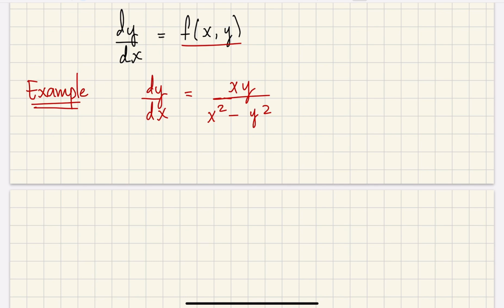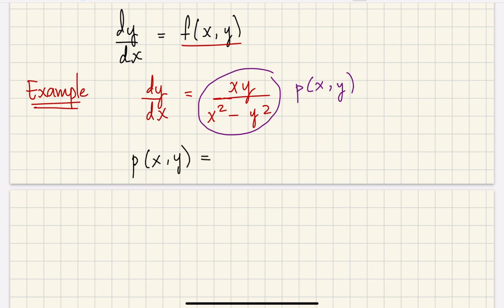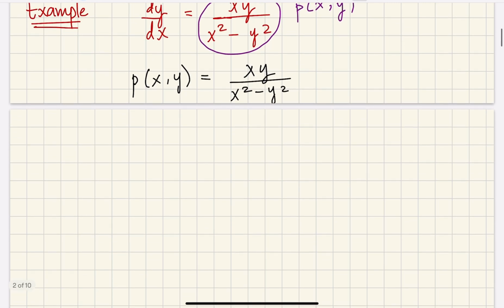Now we should check first if this is homogeneous. So this is our p of x and y. So if we write it again, then I will substitute, as I said above, alpha x and alpha y for all x and y.